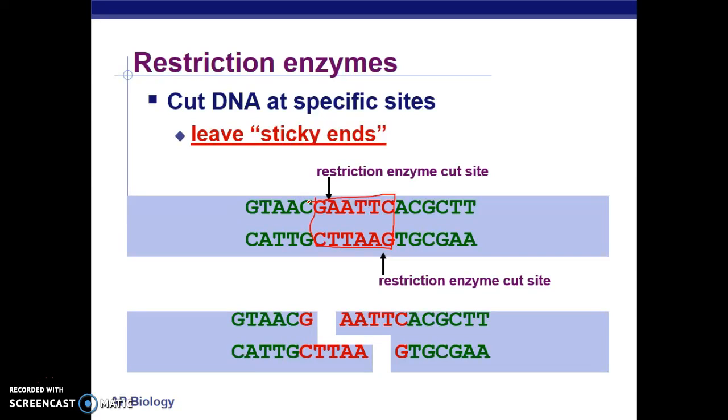When it recognizes that segment, it cuts in a specific pattern that leaves a sticky end here and a sticky end here. Any sequence of DNA that's been cut with the same restriction enzyme will have this sticky end, and it will be able to anneal or stick to any other DNA that's been cut with the same restriction enzyme that leaves the same sticky end.